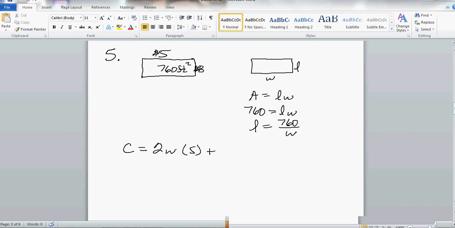Plus, the shorter ones is L times 8, but I'm not going to use L. Instead, I'm going to use 760 over W. I need 2 of those, because I have 2 sides, and those are going to cost $8 per foot. So now I'm just going to clean this up a little bit. This is 10W plus, okay, what is this good old number here?